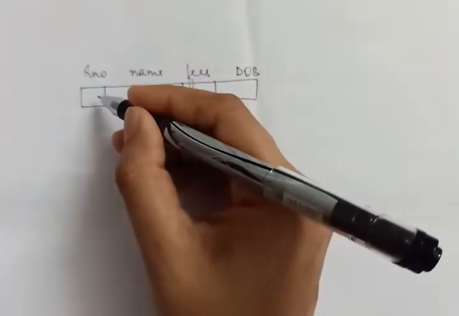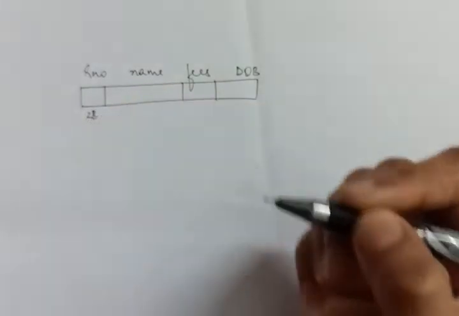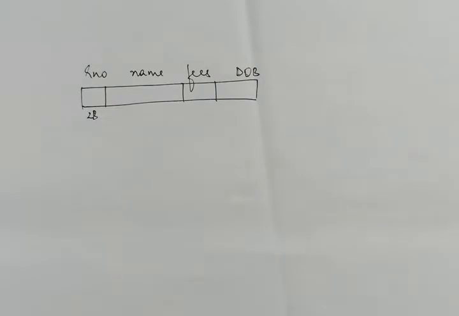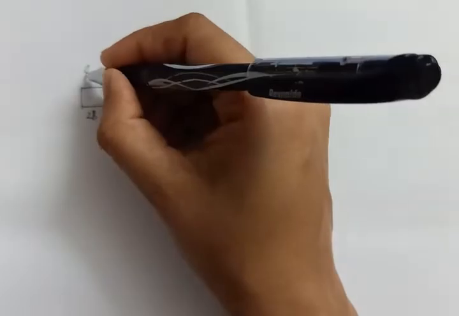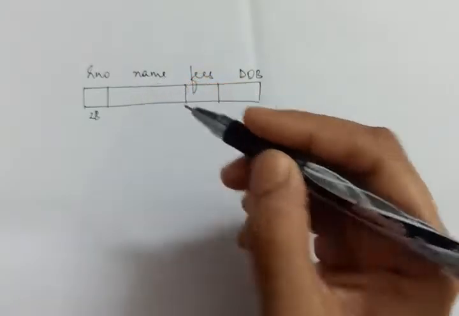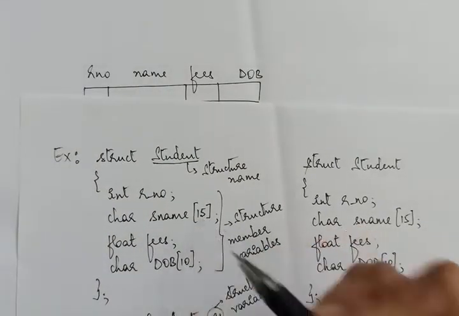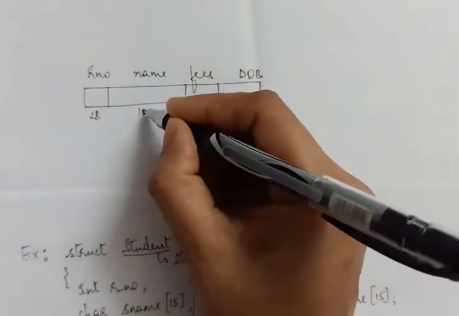So this is of integer type, so this takes 2 bytes. I am speaking with respect to a 16-bit machine. So an integer in a 16-bit machine is allocated 2 bytes, and a character is 1 byte, and since name is a character array of 15, it can hold 15 characters, so 15 bytes get allocated to name.